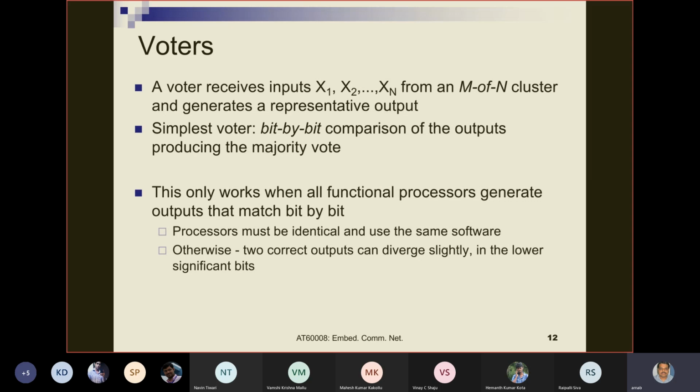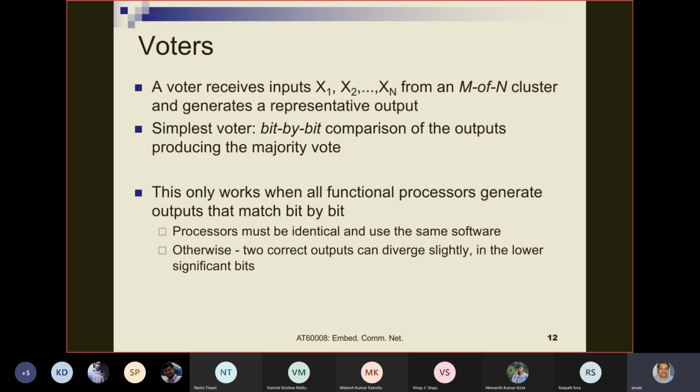Now, however, such a system works only when the functional processors, which generate the output, match bit by bit, and are synchronous in clock. So the components have to be identical and must be using the same software and the same digital circuit, for example, and has to be synchronous and should exactly produce the same output.